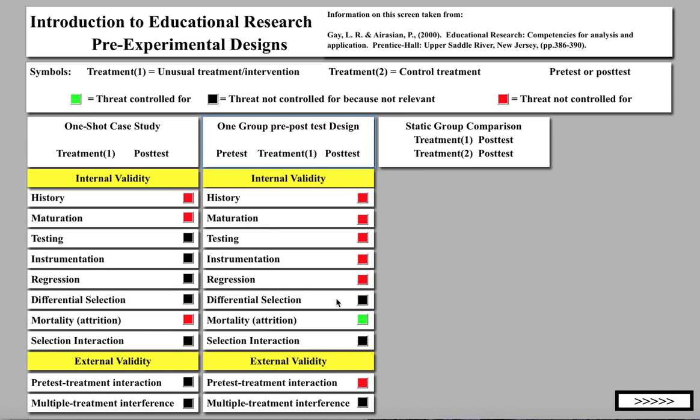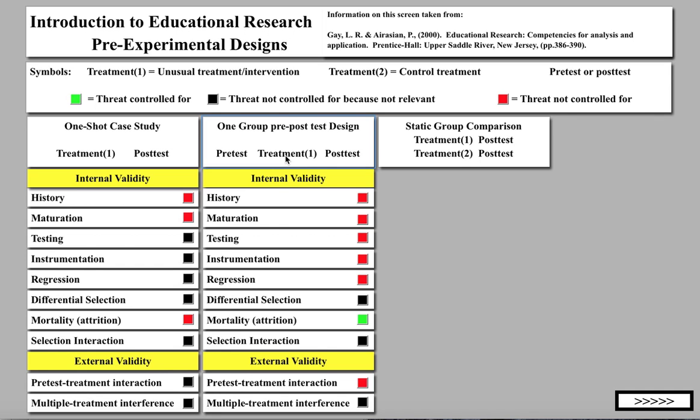Differential selection is irrelevant here. Mortality is controlled for. Selection interaction is irrelevant. And pretest and treatment interaction is not controlled for. We have a pretest, and of course the question becomes, if students have a pretest, does that influence their performance during the treatment phase?